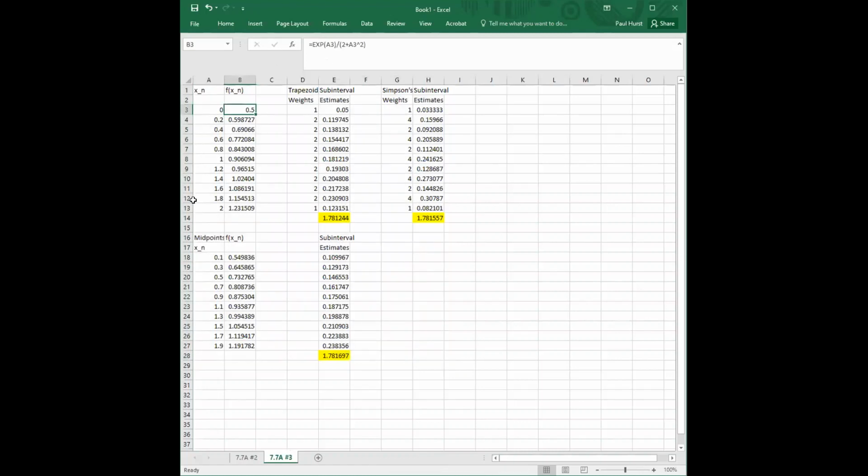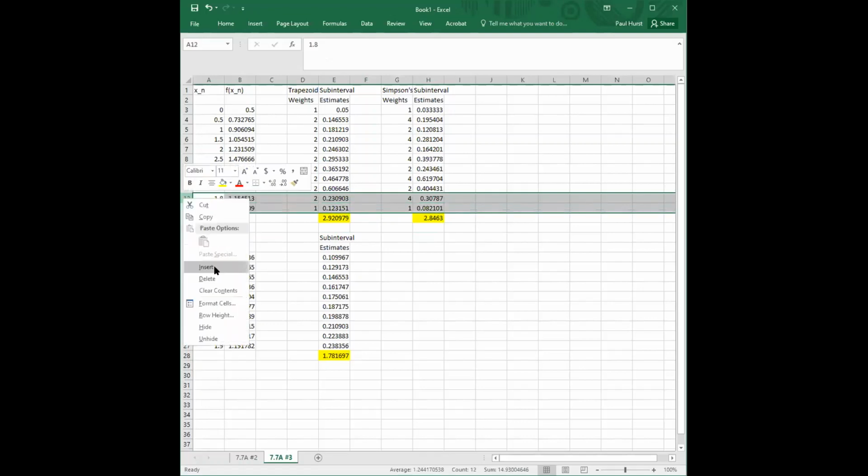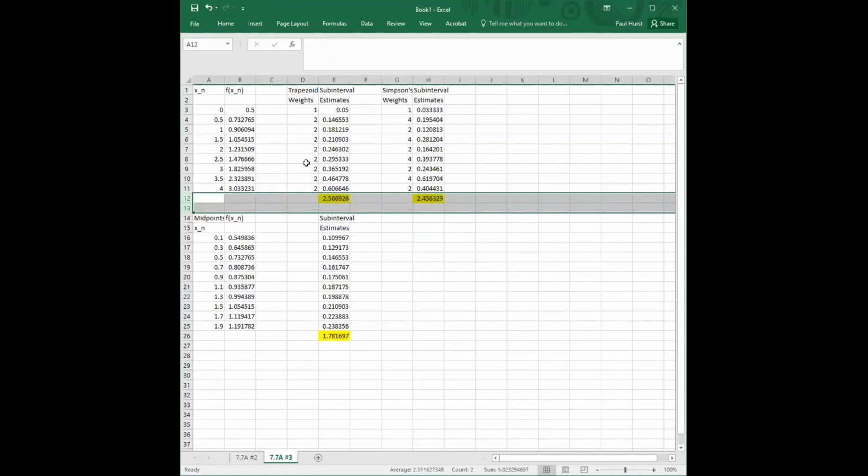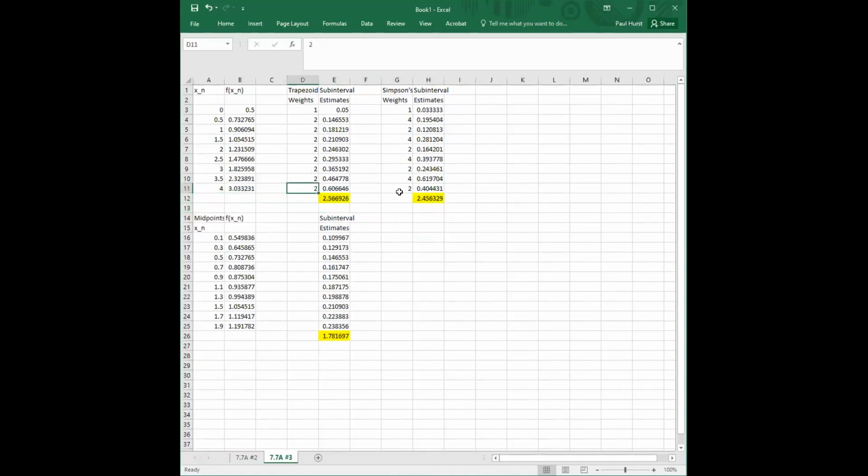So the intervals are going to be 0, 0.5, 1, 1.5, 2, 2.5, 3, 3.5, 4, and then that's it, right? There's no more there. So I can just delete all that. I'll delete these two here. The weights are going to be, this is going to be 1. That's also going to be 1.